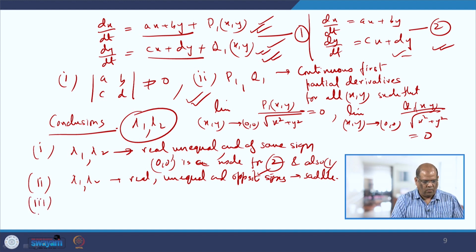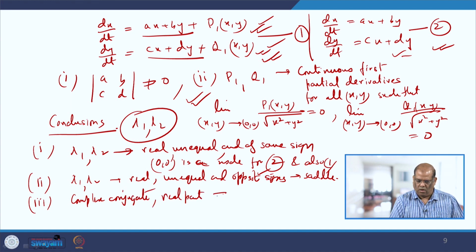Similarly, the third one, if it is complex conjugate with non-zero real part, complex conjugate, real part not equal to 0, then you get a spiral or focus.